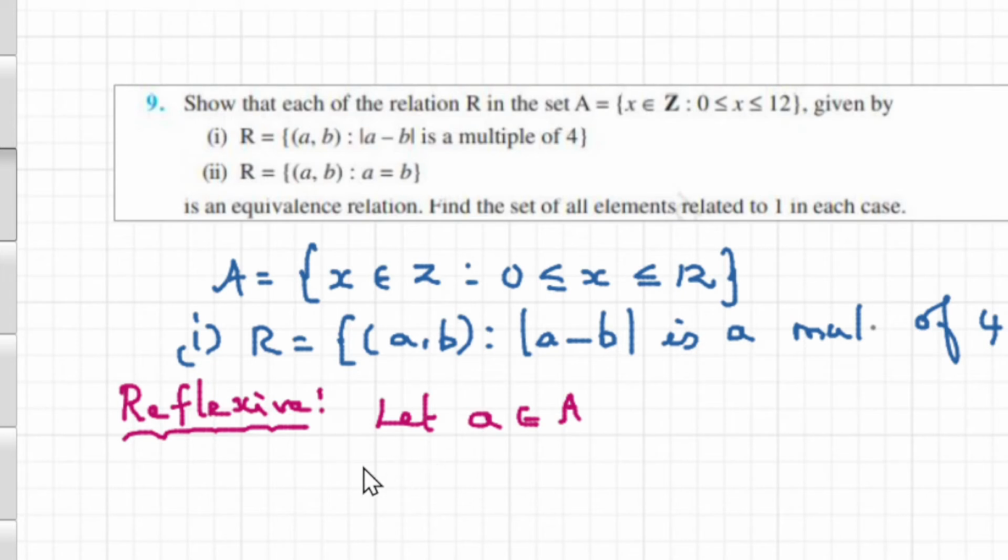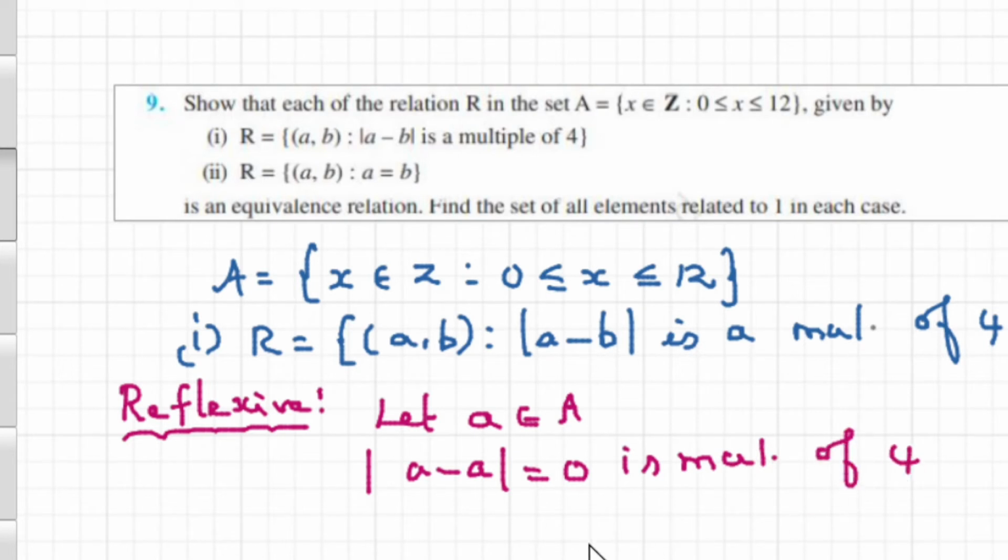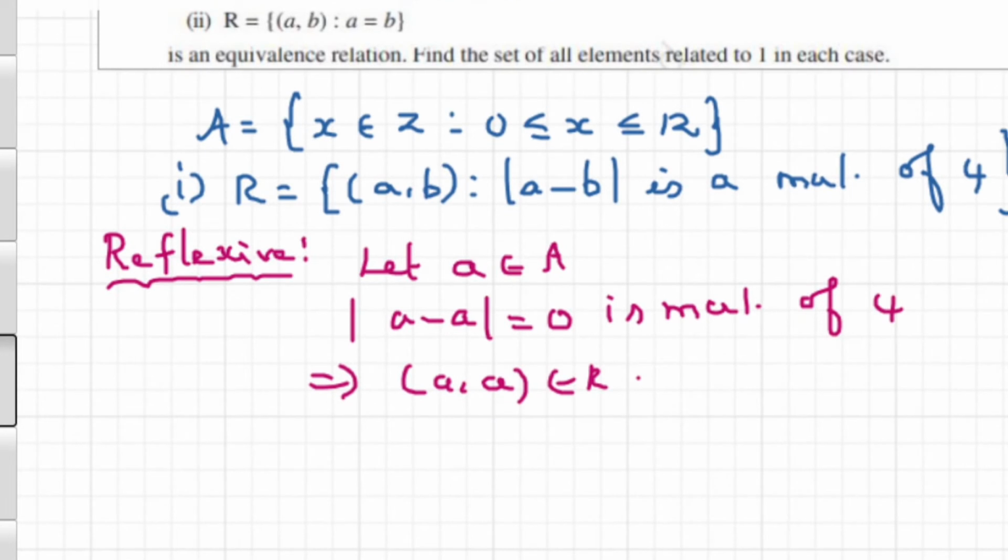For reflexive you have to take both the same, so it is A minus A, that is equal to 0, isn't it? And 0 is a multiple of 4. Therefore, this is (A, A), which belongs to R, and hence R is reflexive.